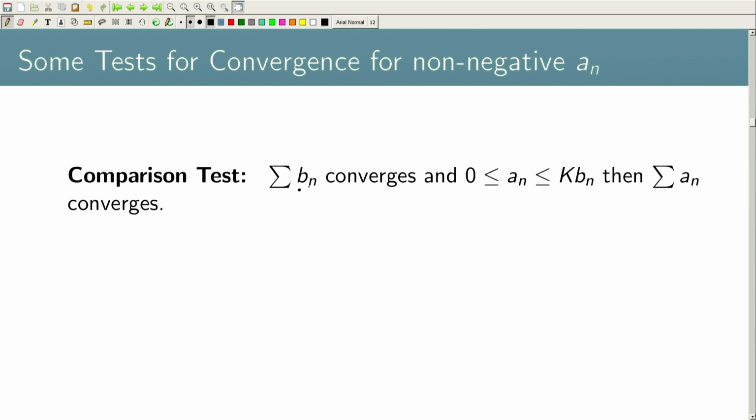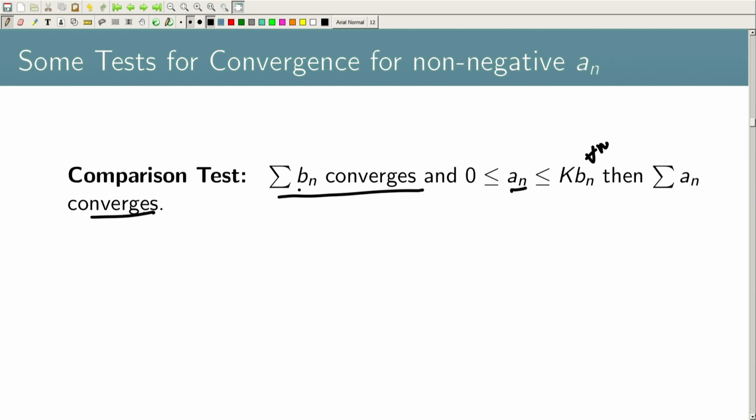Now, we have a_n which are also non-negative, and for each n, a_n is less or equal to some constant times b_n, and this constant is independent of n. This is true for all n, and if the series b_n converges, then the series a_n converges.